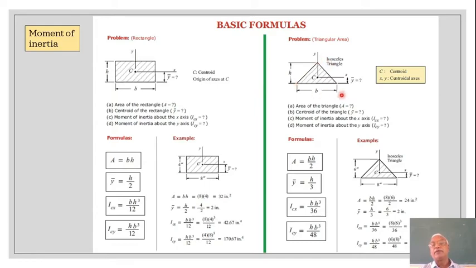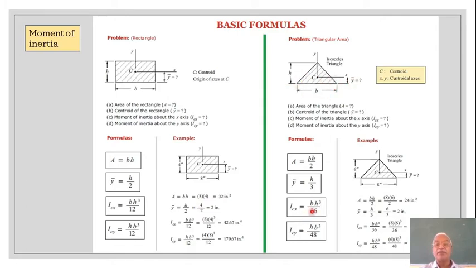For a triangle with base B and H as the height, the area is given by B H by 2. The position of the centroid from the base is Y bar, which is H by 3. Moment of inertia about the centroidal axis parallel to the base axis, that's important. The axis is passing through the centroid, fine, but it is parallel to this base.